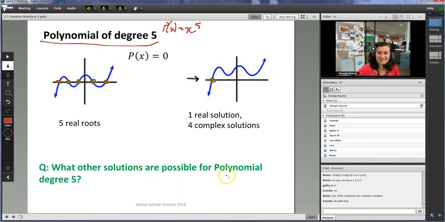So what other combinations are possible for a polynomial of degree 5? 3 and 2, yeah, 3 reals, 2 complex. I think we've got all sorts of combinations really, haven't we?